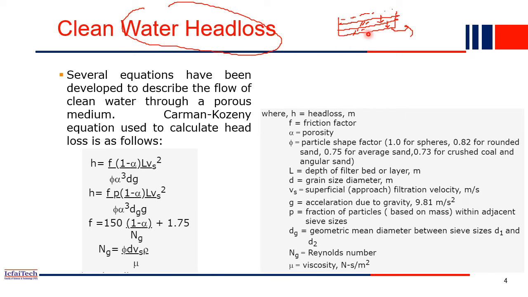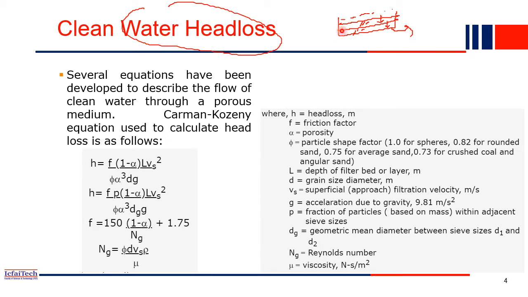At the beginning, you clean the rapid sand filter. Now you send a fresh batch of water at the top. What will happen? Initially the filter medium has pores, because between two sand particles you have a pore. Initially the pores will be large, so the water will pass very quickly through the filter medium and the head loss will be less.